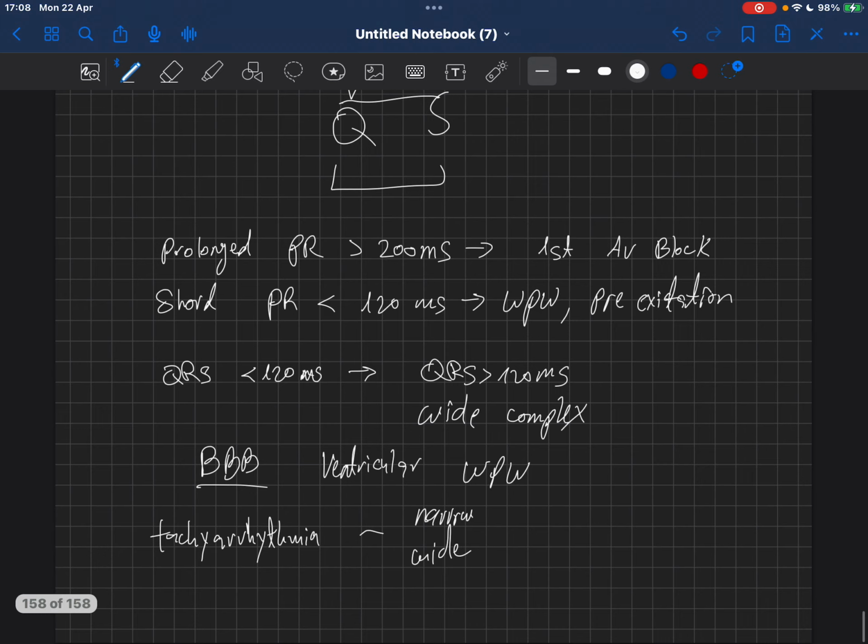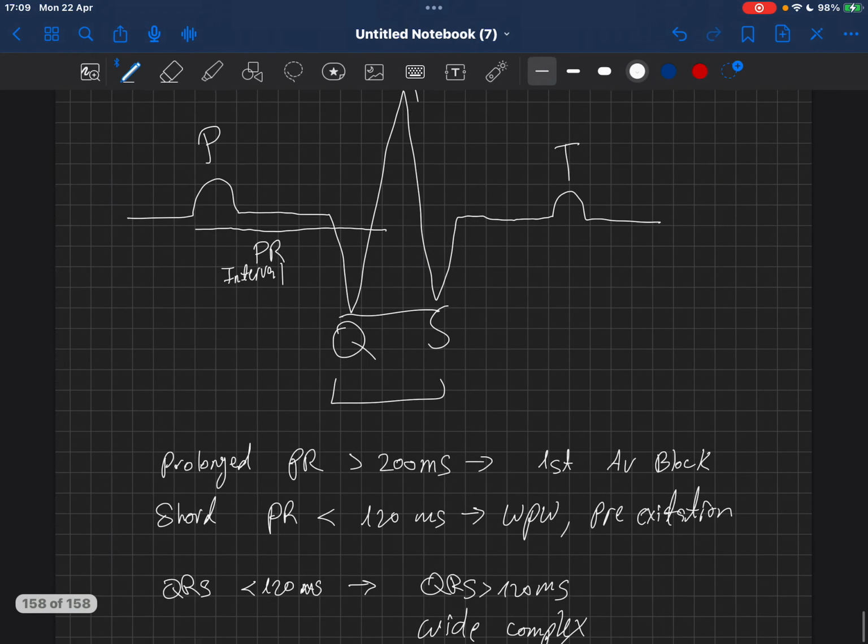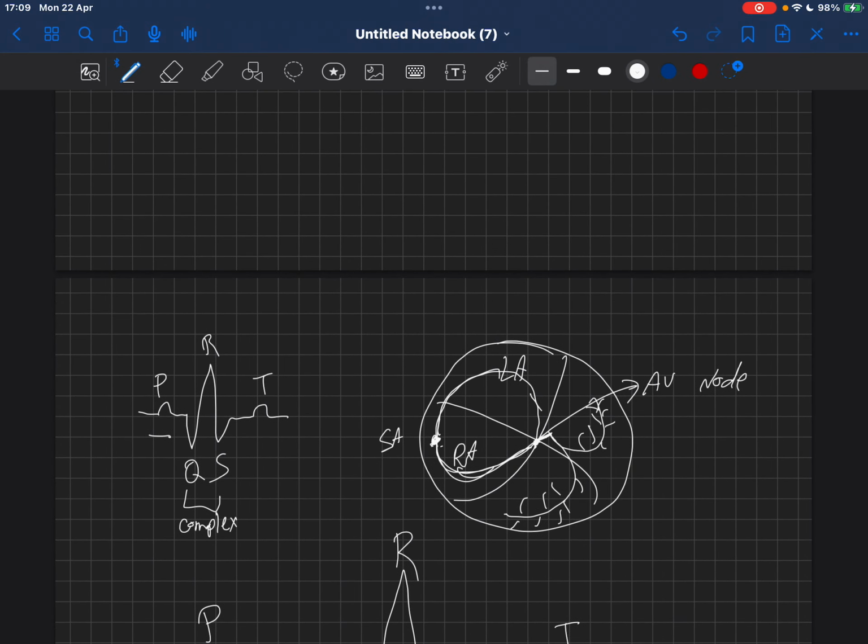When it is above 120, it's wide complex. When it is below, it's narrow complex, and we give quite different treatment for each, because if the electrical signal comes from the atrium, we have medications like adenosine, verapamil, beta blockers, which work on the AV node and block the signal there.